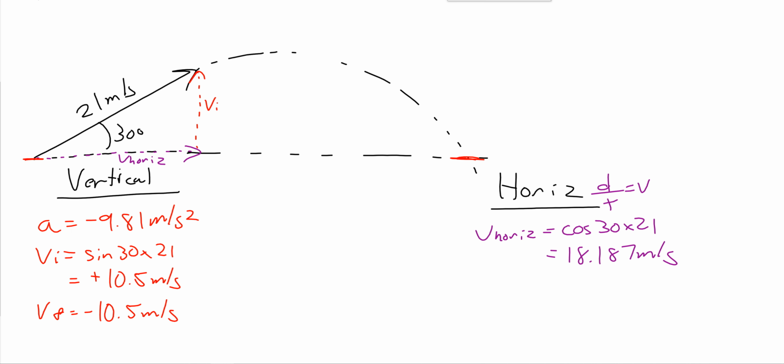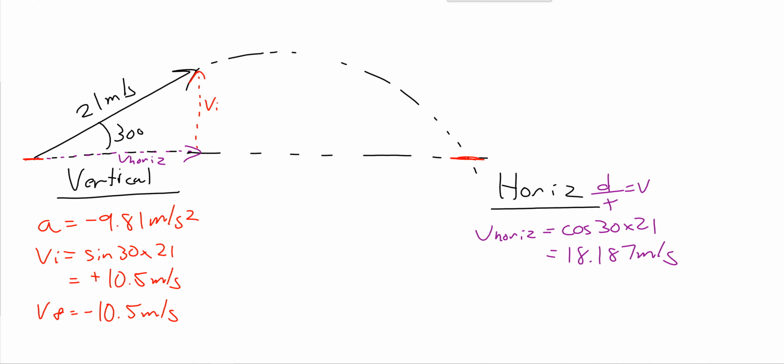Now I've got to calculate stuff with the numbers I calculated. What can I calculate with the vertical information that might be useful to me? I could calculate maximum height right now. Yep, I was thinking of something else. Time.